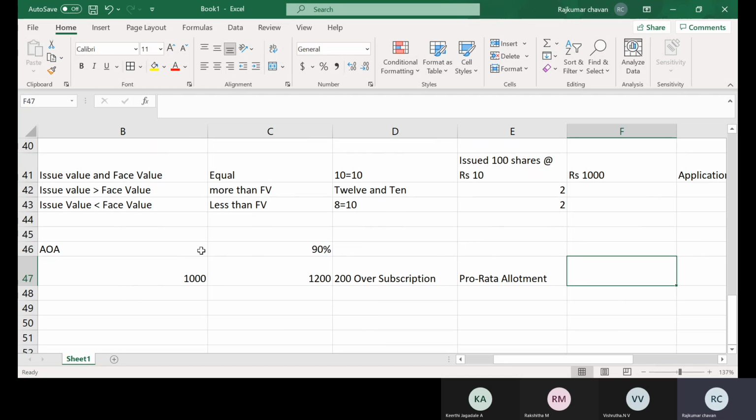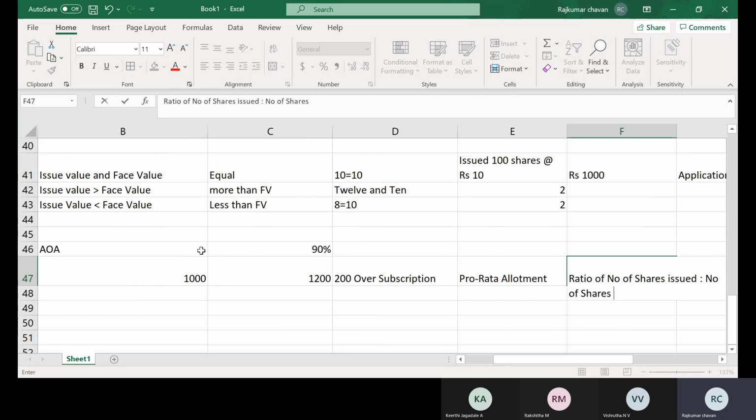They give shares on the basis of a ratio of number of shares issued to number of shares applied. This is called pro rata.